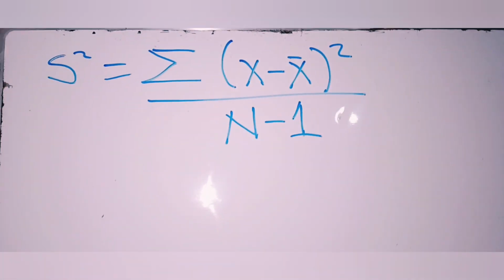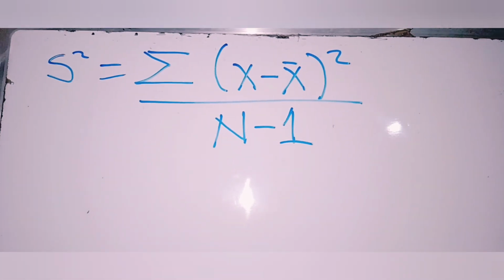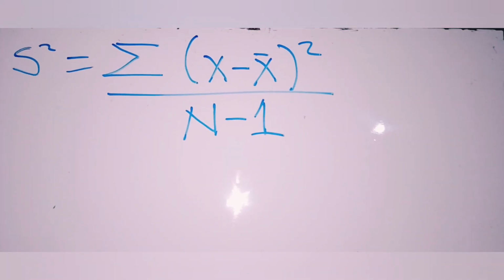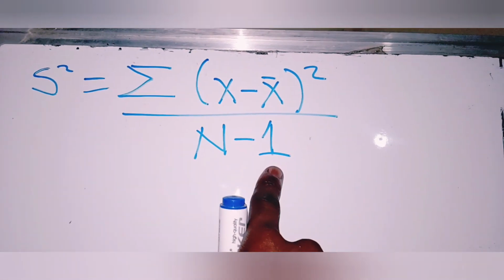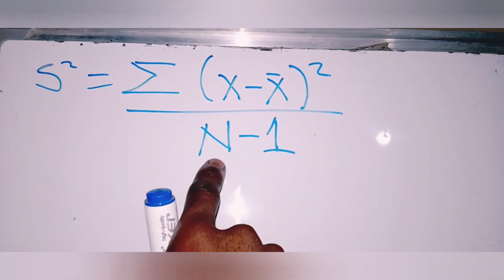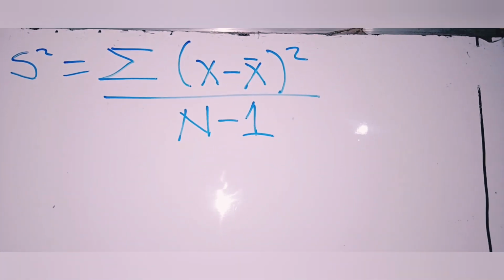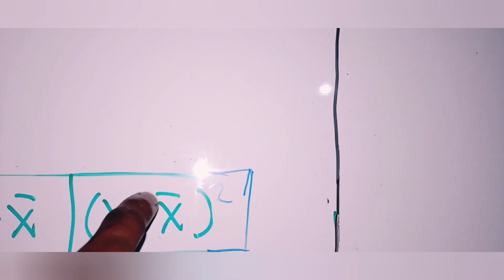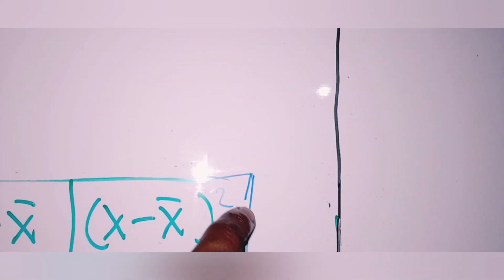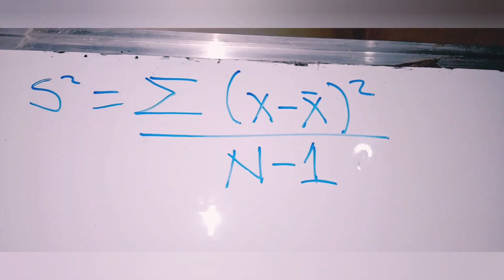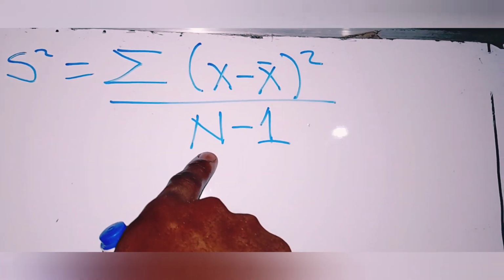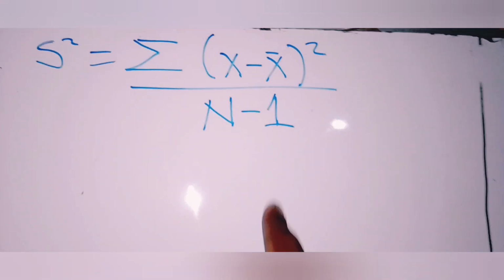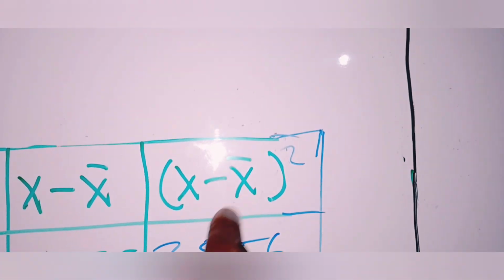In case the data we're talking about is a sample, the variance is divided by n minus 1. Population variance is just n. You remember, right? So we just took x minus x bar squared, and then we just divided by n minus 1. That's all.